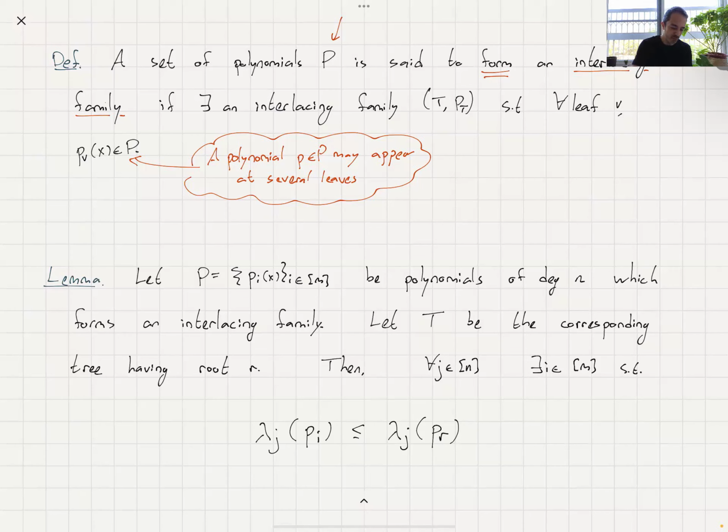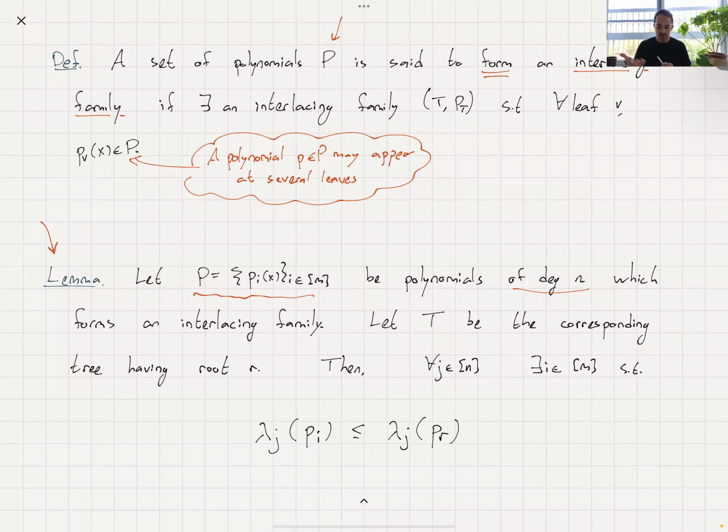Well, that's because of the following lemma, which is a one-liner given what we did in the previous video. It says the following. Say you have a set of polynomials, all of the same degree n, which forms an interlacing family.